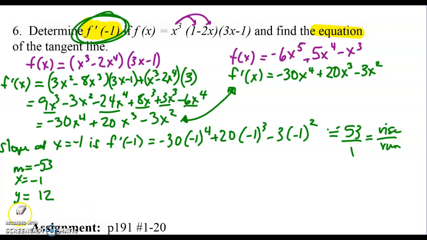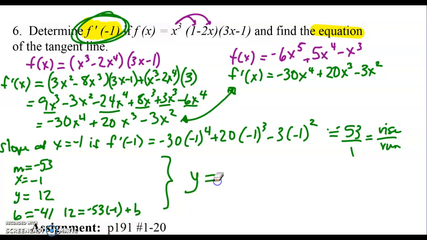The only other thing we need for y equals mx plus b is the b. We solve for b here. B equals negative 41.